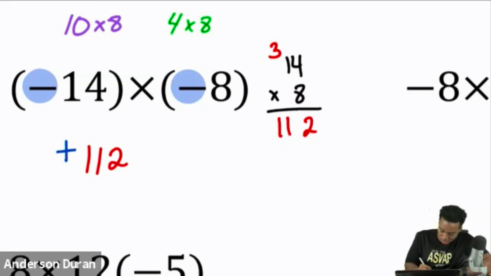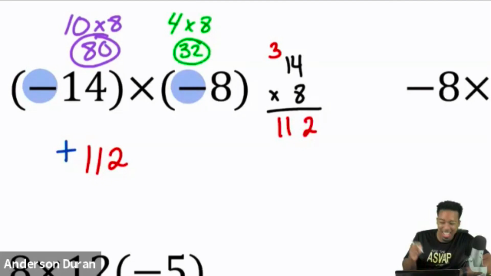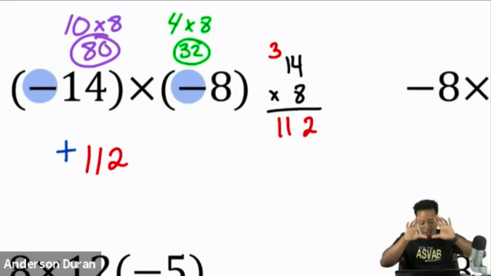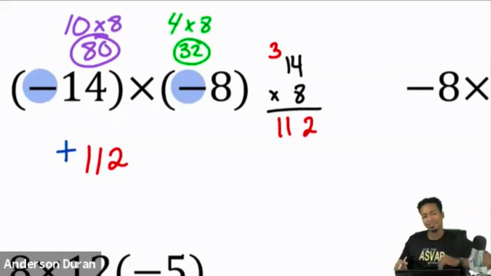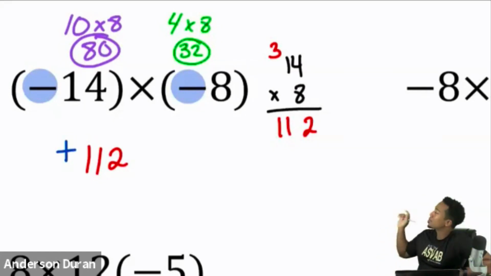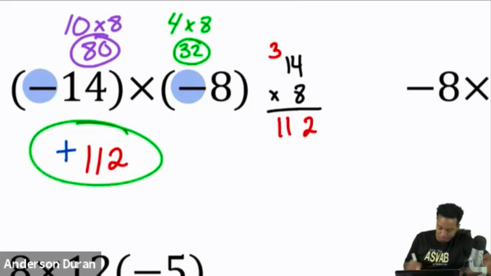This over here becomes 80. Again, in your head, you have 80 and 32. I think adding 80 and 32 is a lot easier than trying to do 14 times 8 in one step. Again, mental math: take one big thing, turn it into 2 smaller things. That's it. So here we have 80 plus 32. Just take the 8 and the 3. That's 11, and then the 2 at the end, 112.